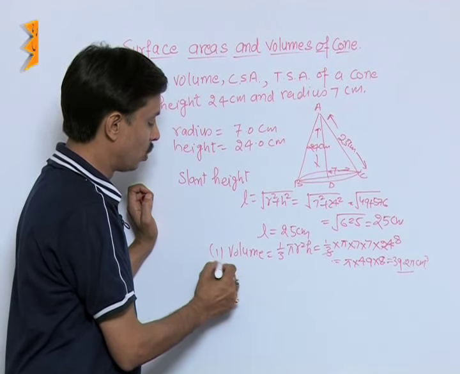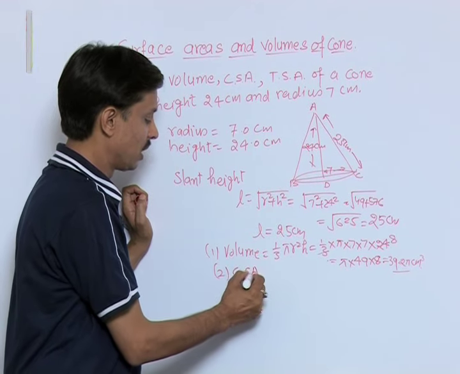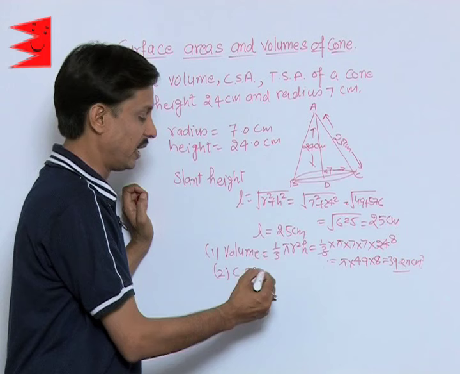Now I will tell you the second thing, that is the CSA, curved surface area.